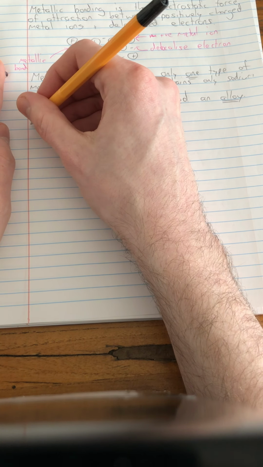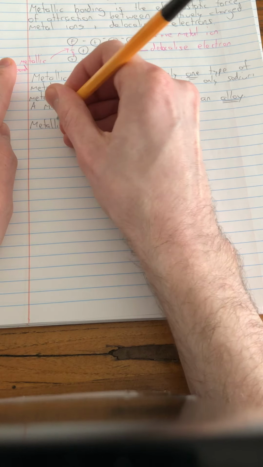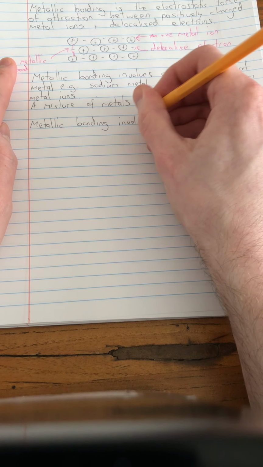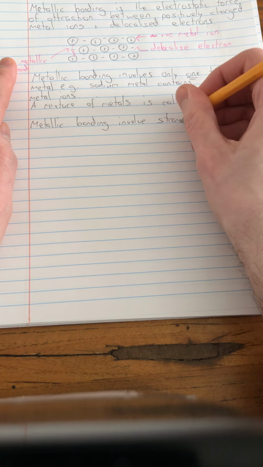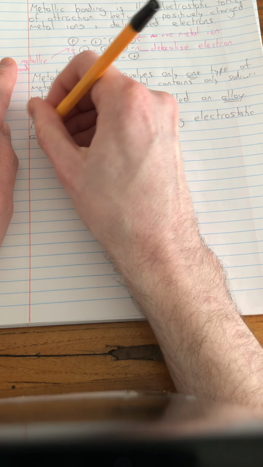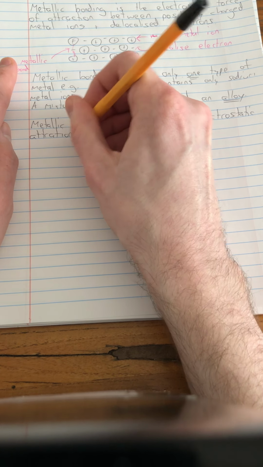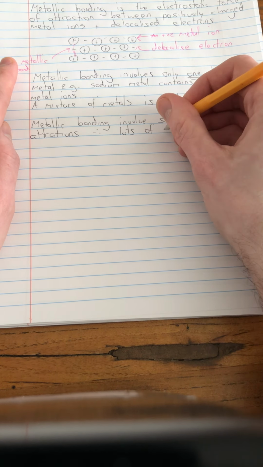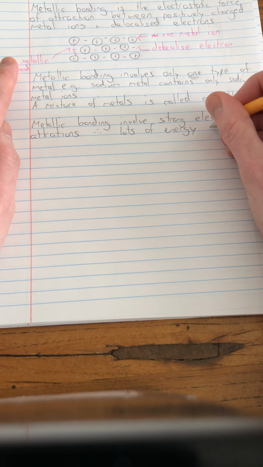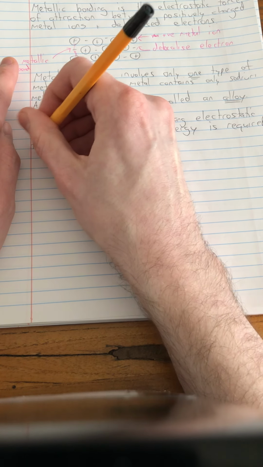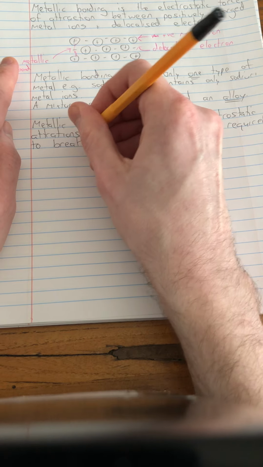Now we need to talk about the properties of metals a wee bit. So metallic bonding involves strong electrostatic attractions, therefore lots of energy is required to break the bonds.